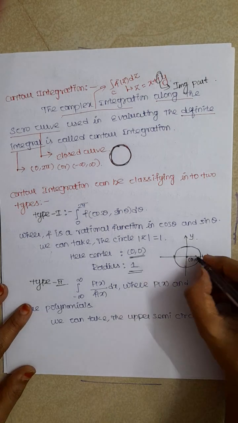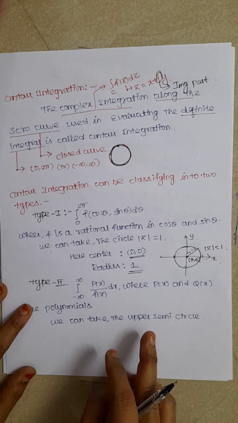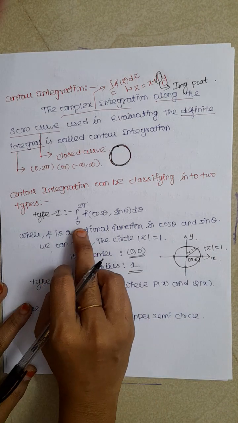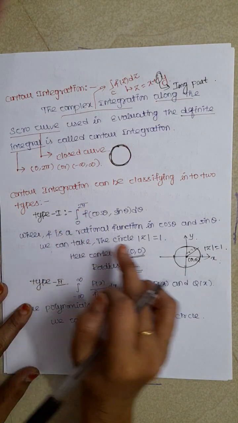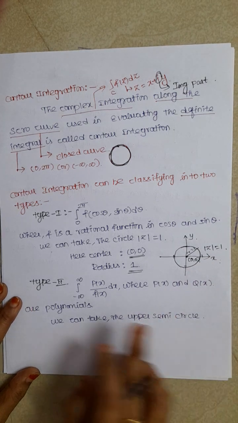Suppose the given problem is 0 to 2 pi, we select the circle modulus of z equal to 1. Very clear?